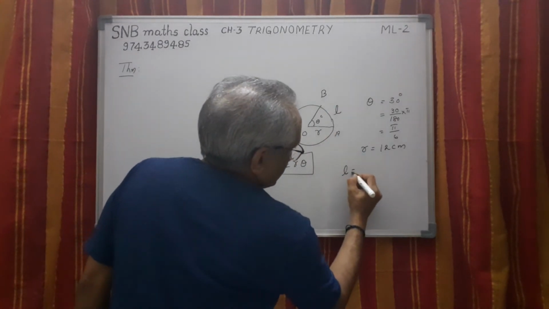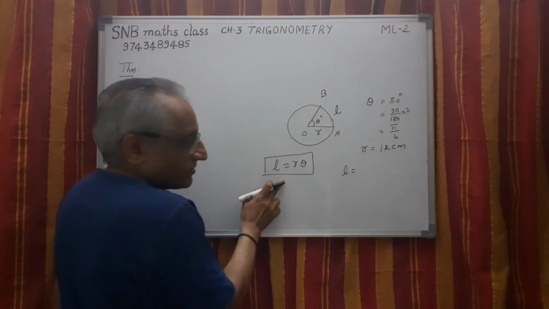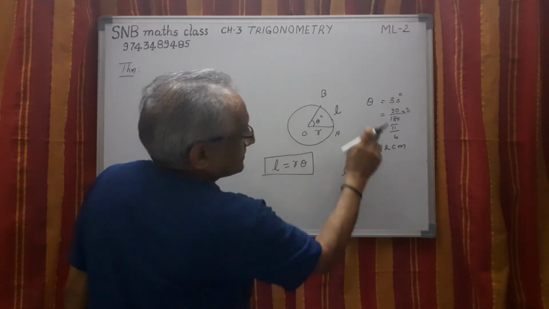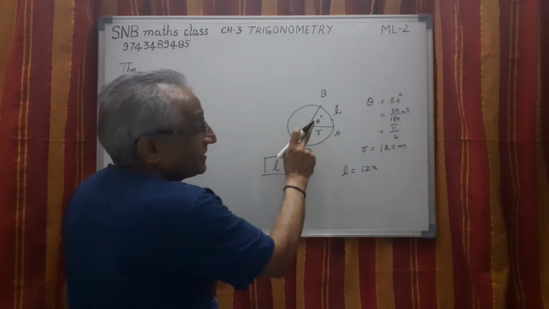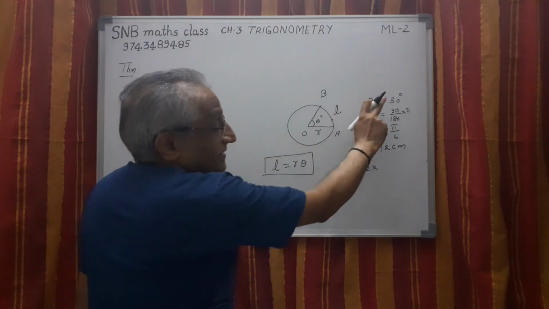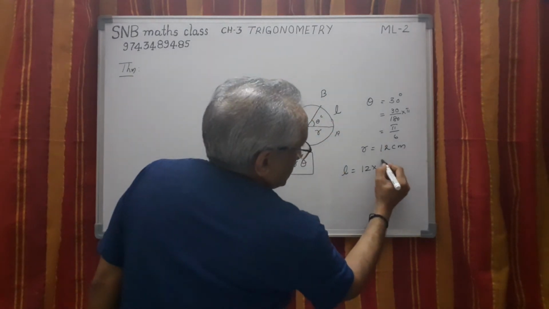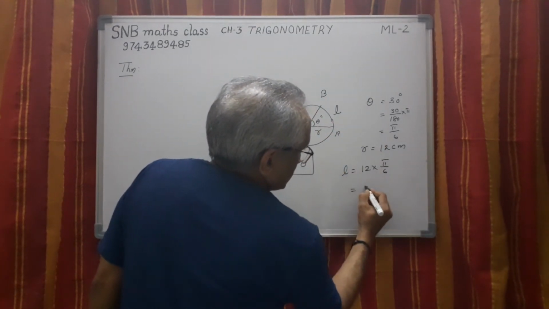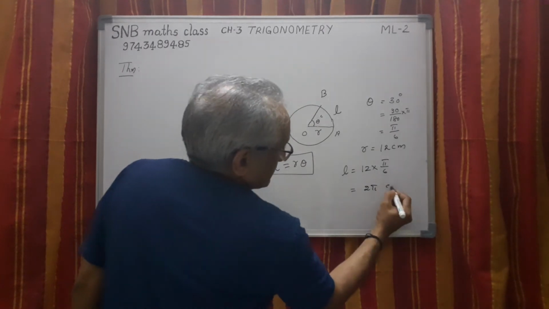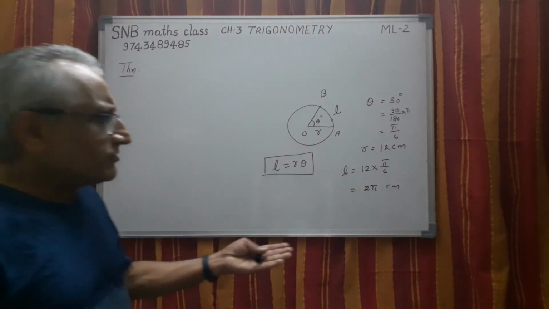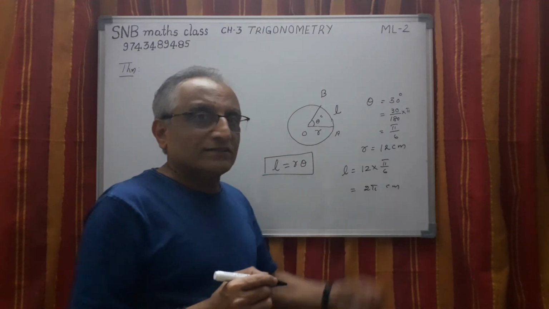So L will be equal to, now use this formula. R is 12 into theta is, but be careful, theta should not be expressed in degree. If it is given in degree, you have to convert it into radian. So this is pi by 6. So this is 2 pi centimeter. Now you may ask, 2 pi is not a convenient unit. So take approximately pi equal to 3.14.